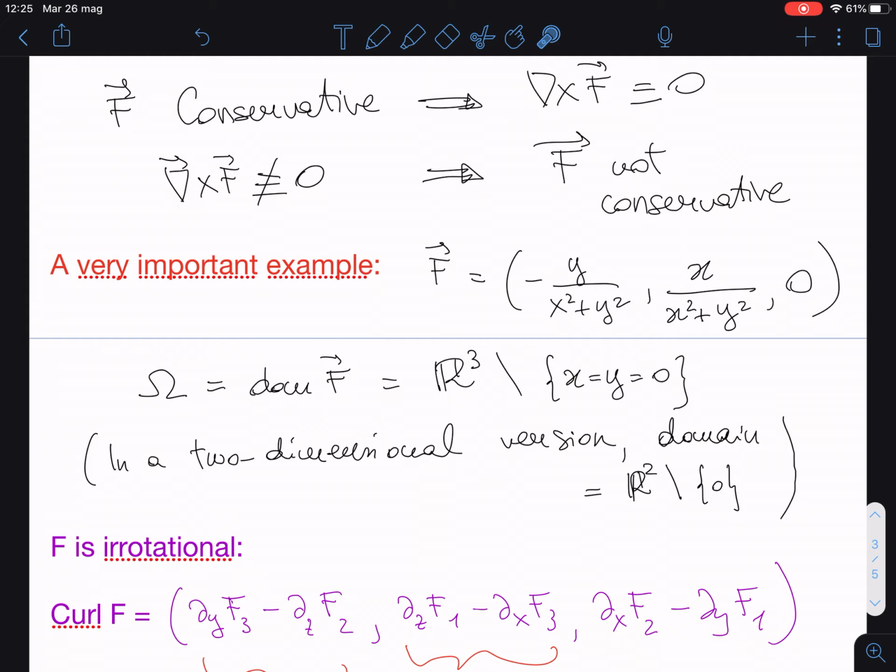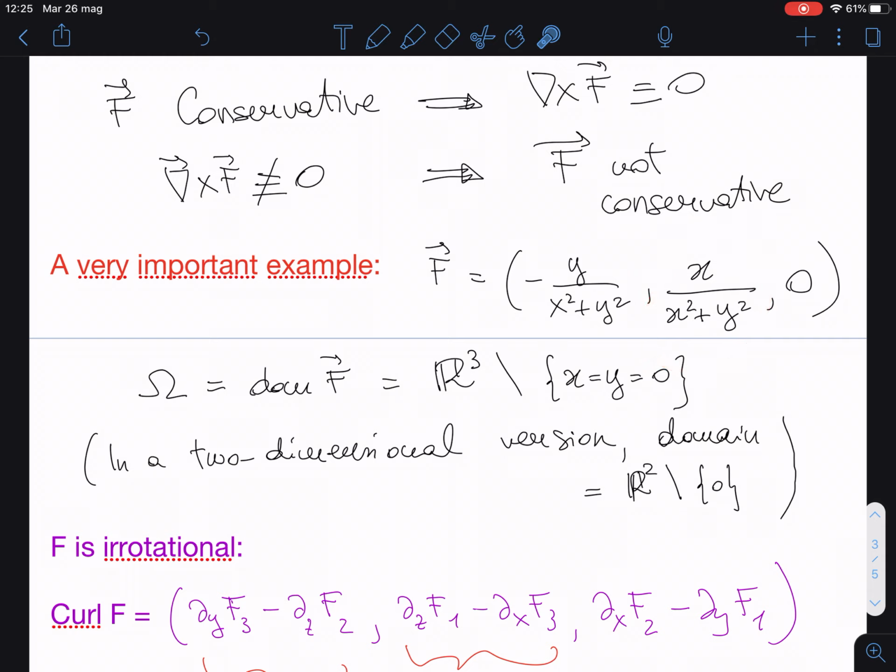So it is a good example as a planar field. However, for coherence with the rest of the lecture, let me give you the three-dimensional version. You have an x component which is minus y divided by x squared plus y squared, a y component which is x divided by x squared plus y squared, and 0.